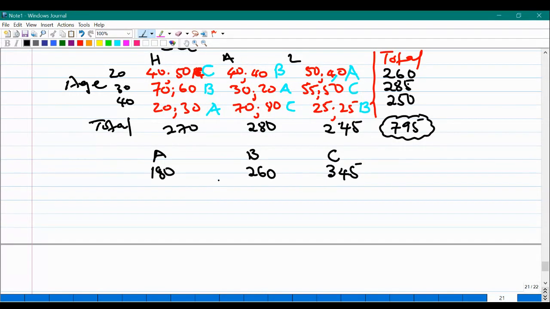When you add the three totals for treatment, are you getting 795? Sorry, for treatment A it is 190.